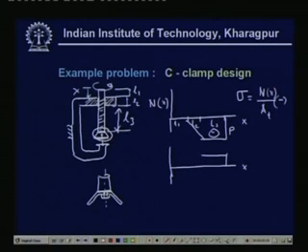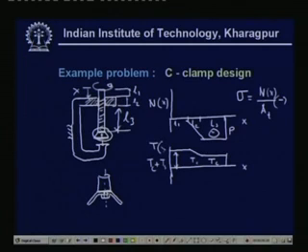Then we have to add the torque, that is the torsion due to the friction in the thread, and that varies almost linearly. Beyond this length L1, it is subjected to the addition of these two, that is Tc, the collar torque, and Ts, the thread torque. So, this will be Tc plus Ts, over this length.